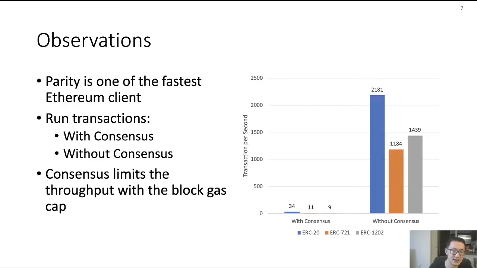As you can see, Parity can only process 9 to 34 transactions when the consensus algorithm is enabled. This is because Ethereum generates blocks every 15 seconds and it can only process certain amount of transactions in each block.